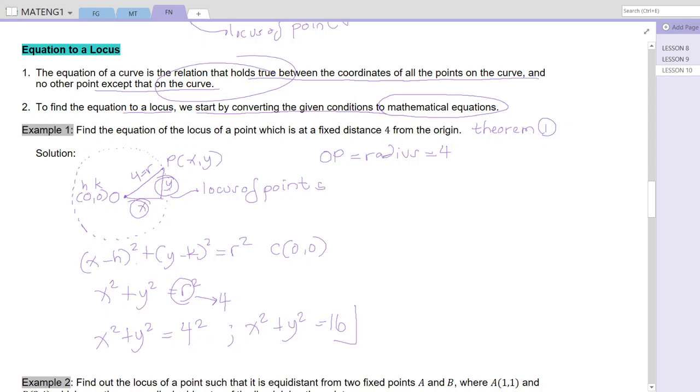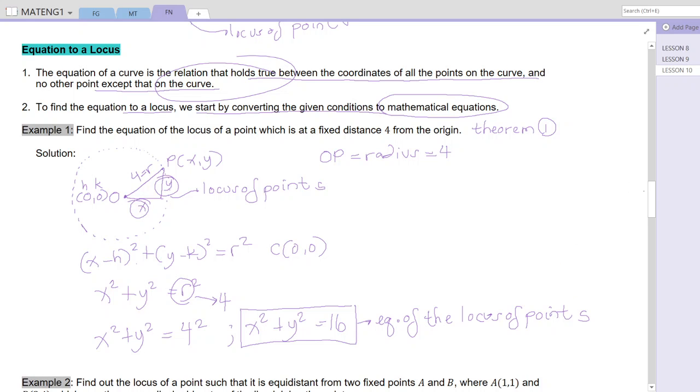This is the equation of the locus of points, the set of all points. That is the required equation.